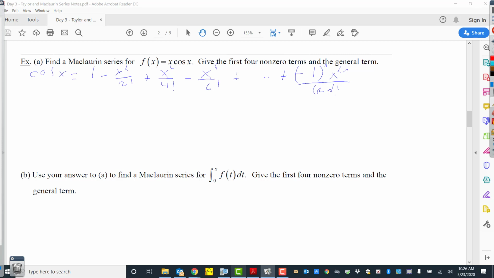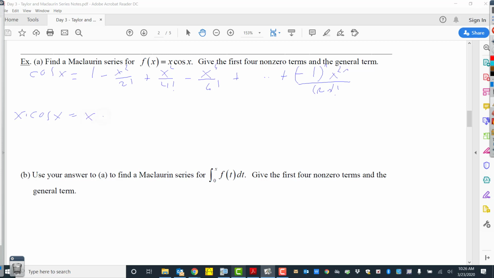So this is the series we came up with earlier. Now we're going to create x cosine of x. Well, all that's asking us to do is take x and multiply it by our series for cosine of x. So let's multiply in x.